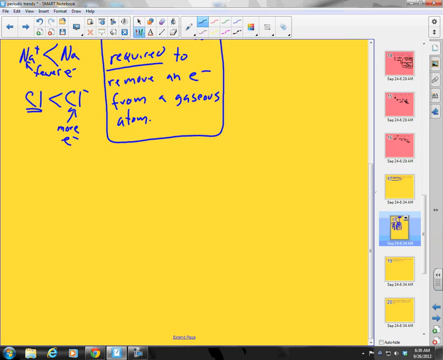I think really the best way to understand the trend here is to go back to our wonderful Coulomb's law. Remember, I said in our last video that the force between a positive nucleus and the negative electron is equal to K Q1 Q2 over R squared.